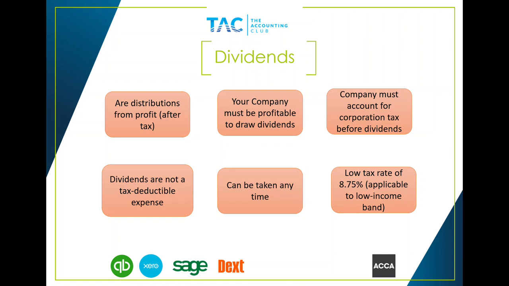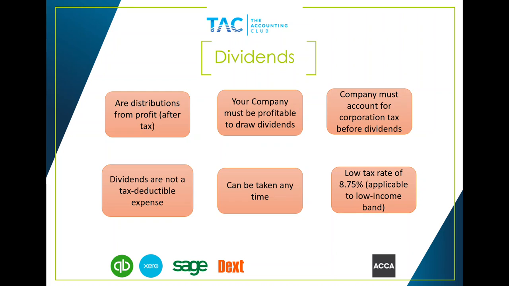So let's say your target is £50,000 for income from a company, of which 12,570 you've taken as salary. You're then left with 37,430. That £37,000, if you take that as dividends, is going to be taxed at 8.75%.